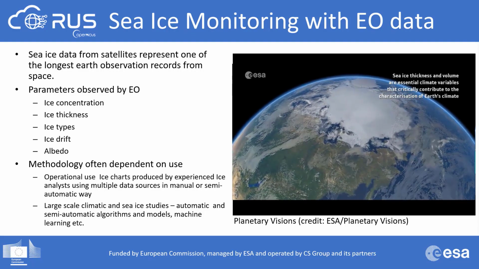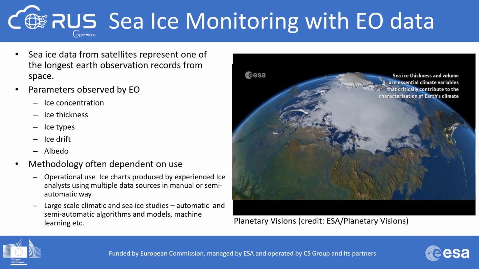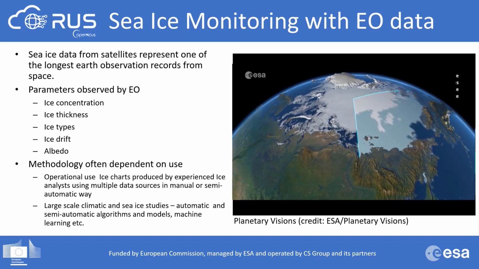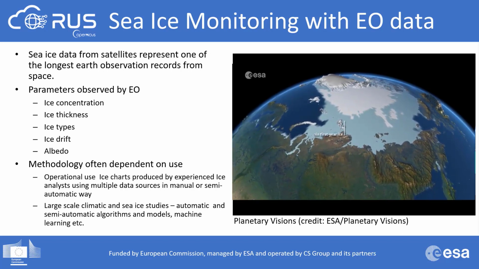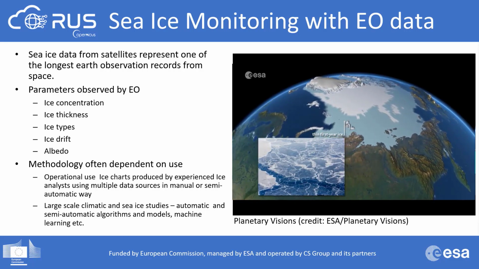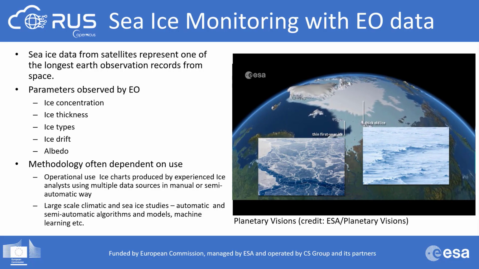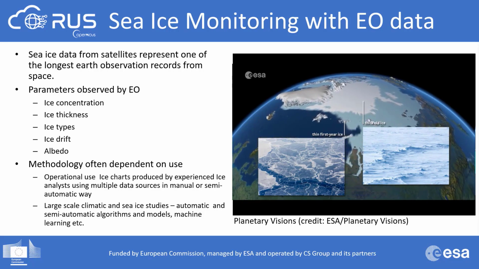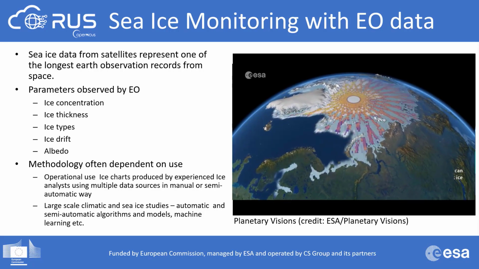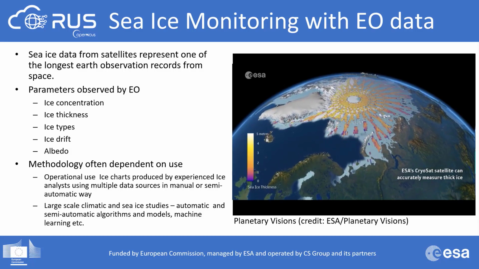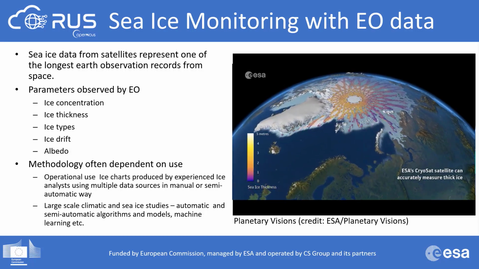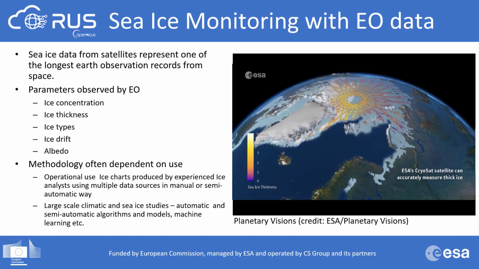I have mentioned this already before, as well as for monitoring the impacts of climate change. Active microwave scatterometers, SAR sensors, and passive microwave radiometer sensors have been used to differentiate the ice types, but each carries its own limitations.